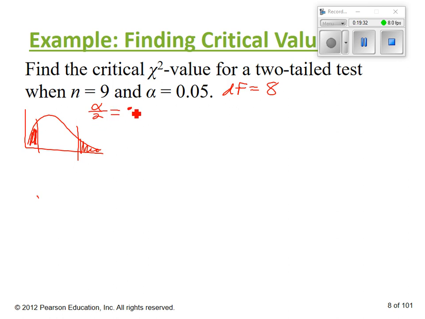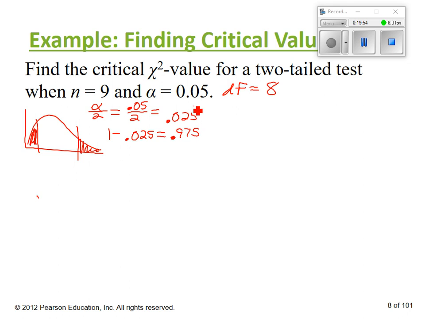Somebody help me out, what's 0.05 divided by 2? 0.025. That's one of our answers. The other one, you just take that answer and subtract from 1. So 1 minus 0.025, what's that give us?